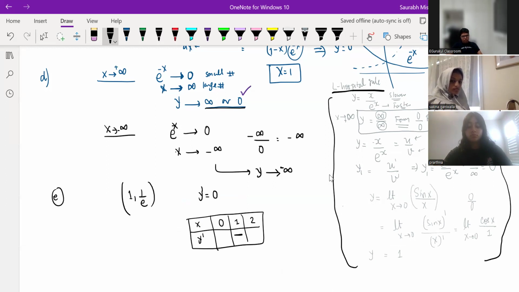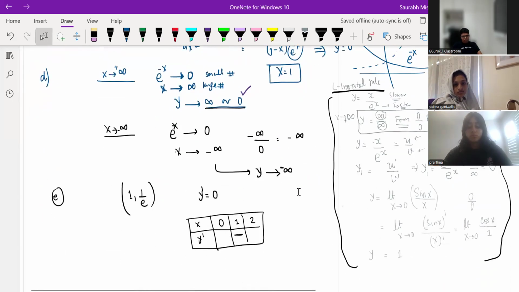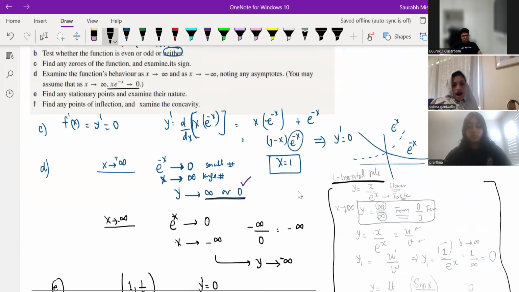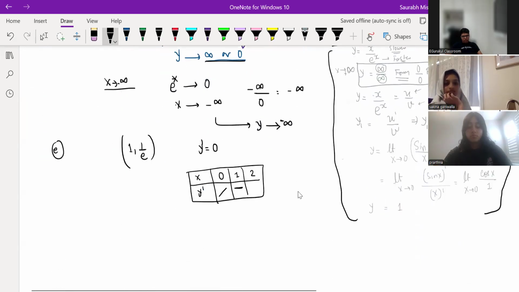At x is equal to 0, f prime is 1 minus, so that is positive, right? And at 2 it is negative. So definitely it is a maxima.